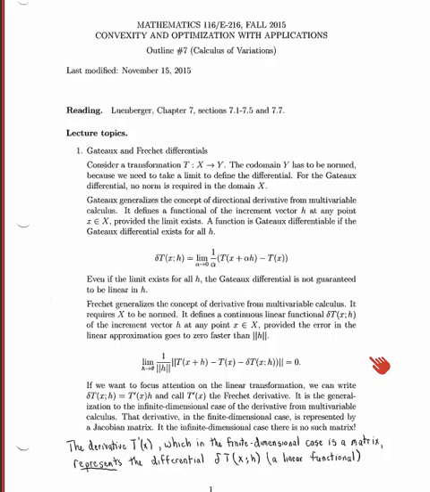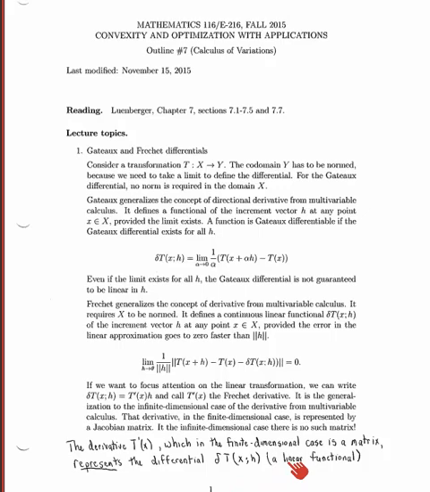If we want to focus our attention on the linear transformation itself, we can say that is T prime of x times h. In the finite dimensional case, T prime of x is going to be a matrix which represents, as you know, a linear functional.